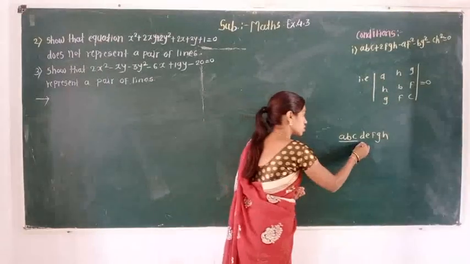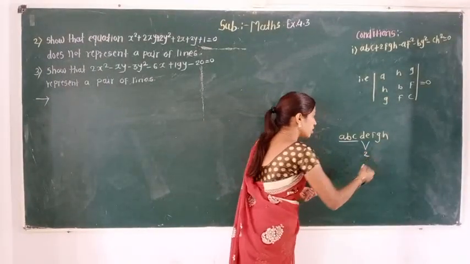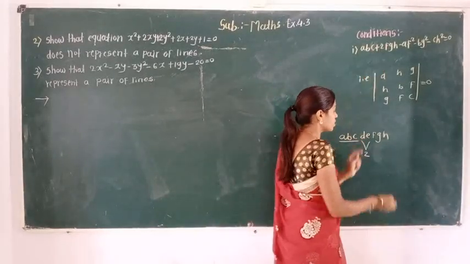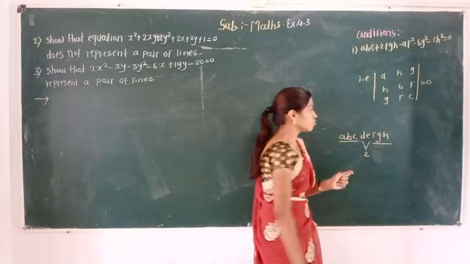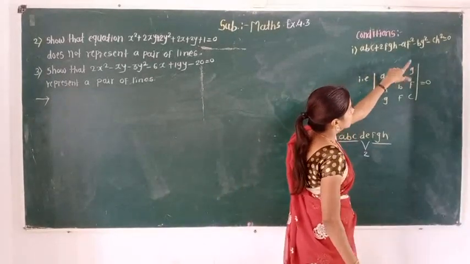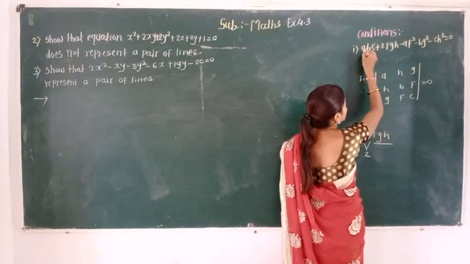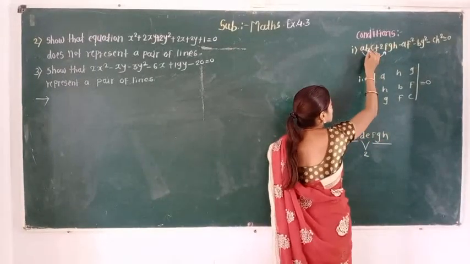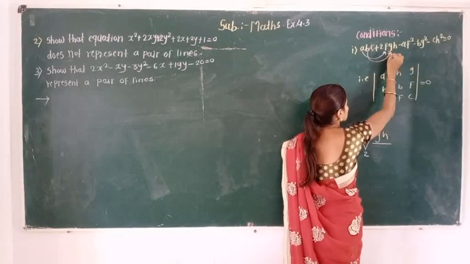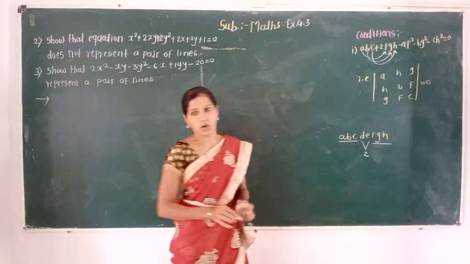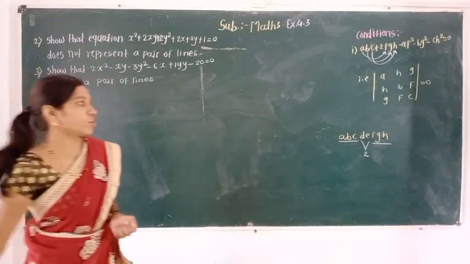Then the two alphabets D and E are eliminated, so take plus 2, and then take F, G, H as they are. Then the next terms we write: A F square minus B G square minus C H square is equal to 0. This is the first condition.